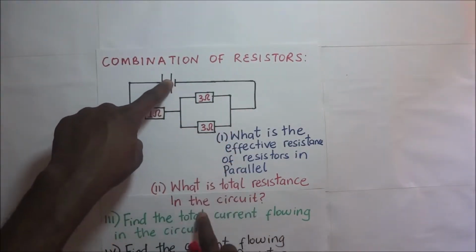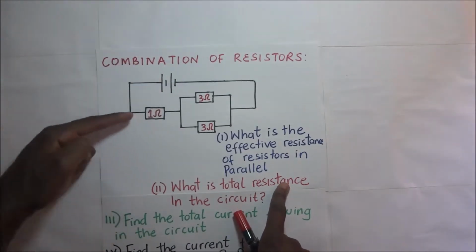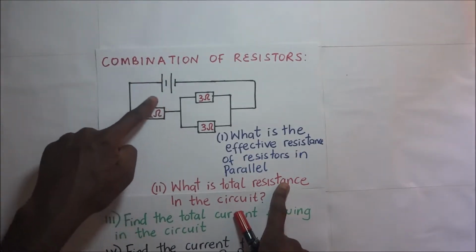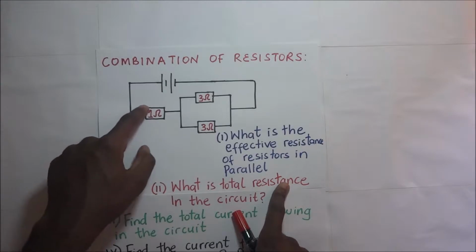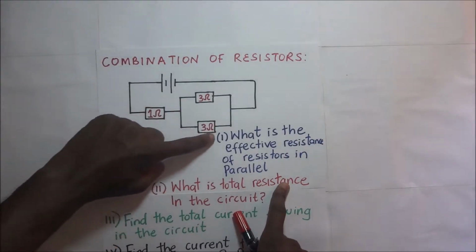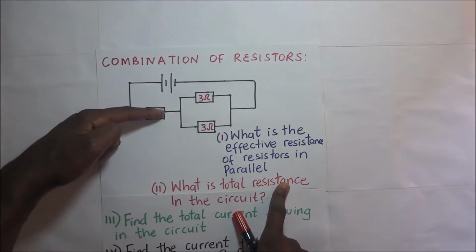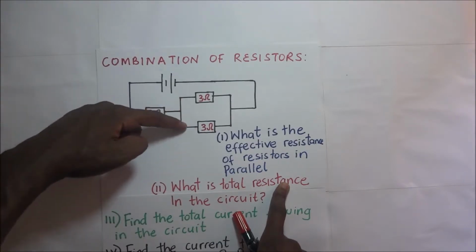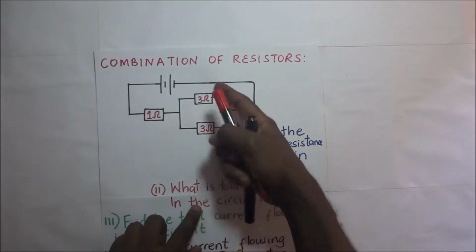What does that mean? It means that the amount of current going through this 1 ohm resistor is the same amount of current going through this combination of resistors, because when it comes in here, it just splits, but it is the same current going through the combination.